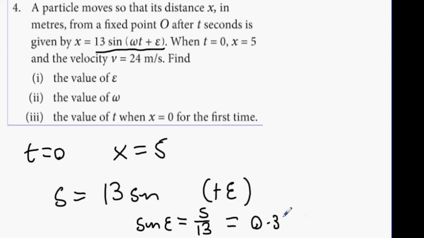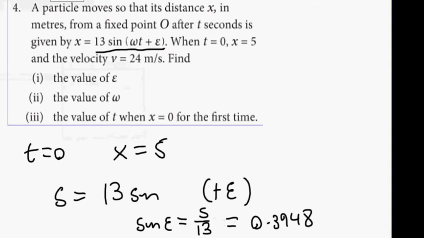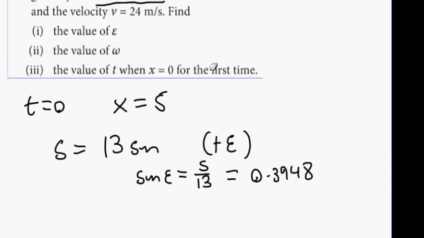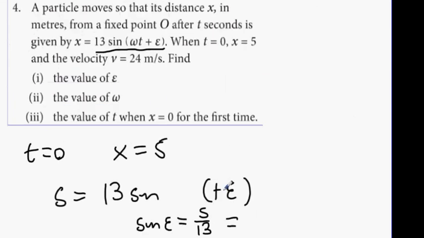So, guys, for the e value on its own, we take sine inverse of 5 over 13, so the e value here is going to be 0.3948. The next thing it asks is, can you find the value of ω? Let's pay attention. We're going to find the value of ω, okay?